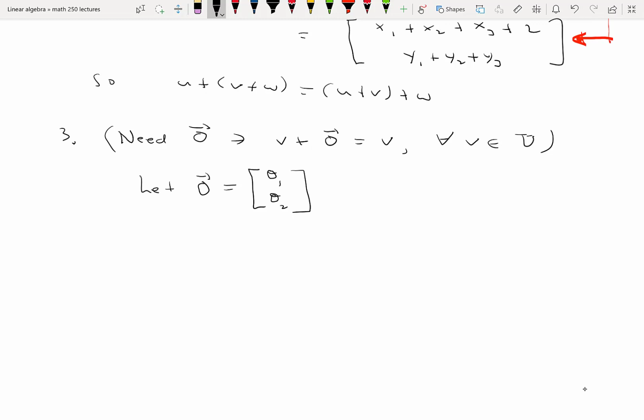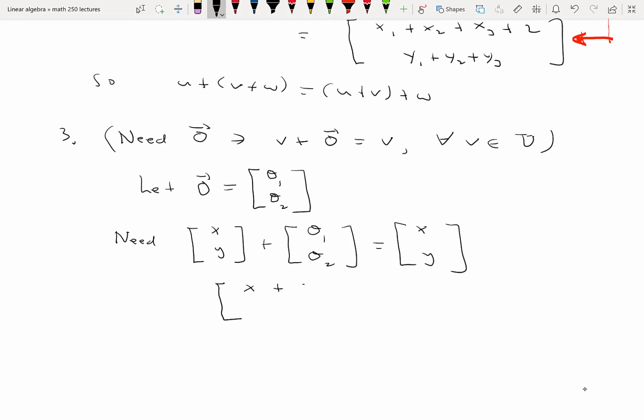So I need v plus 0 to equal v. Well, how do you add matrices together? x plus 0 sub 1 plus 1, y plus 0 sub 2. And I need that to equal x, y.